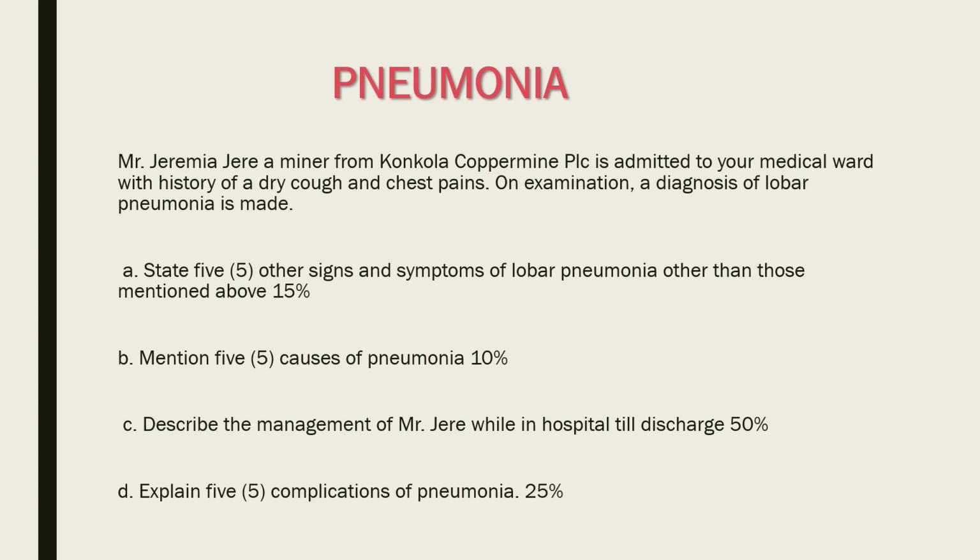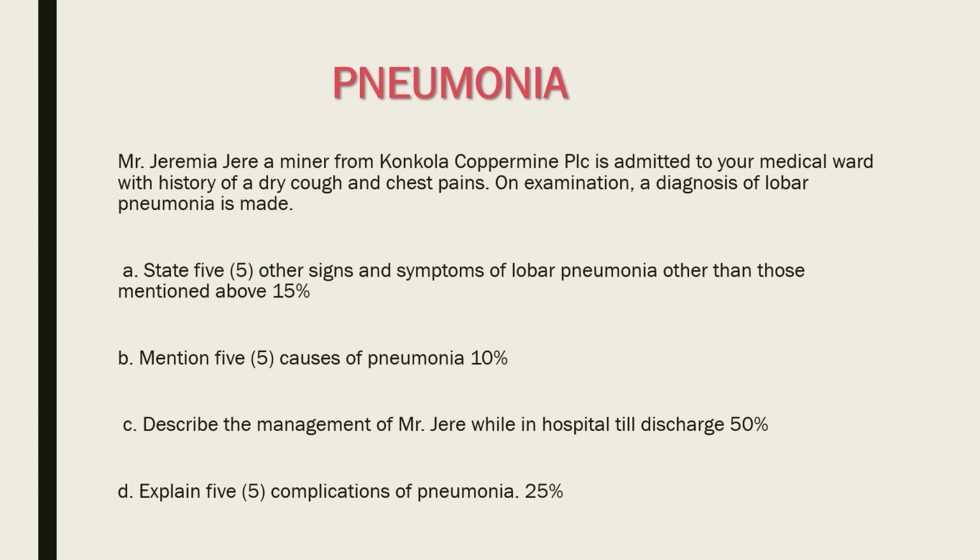Then the question says, state 5 other signs and symptoms of lobar pneumonia other than those mentioned above. Which ones are those mentioned? Dry cough and chest pains. Apart from these two, can we now state other 5 signs and symptoms? Answer number 1.